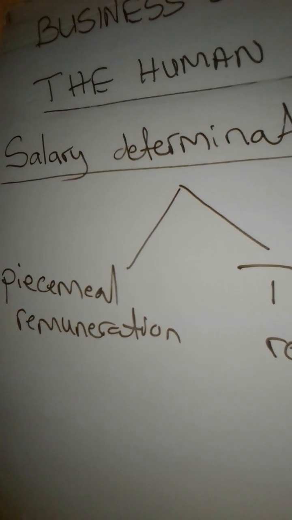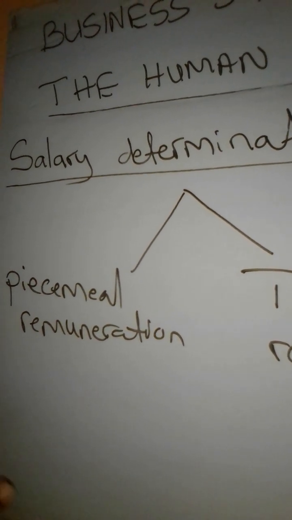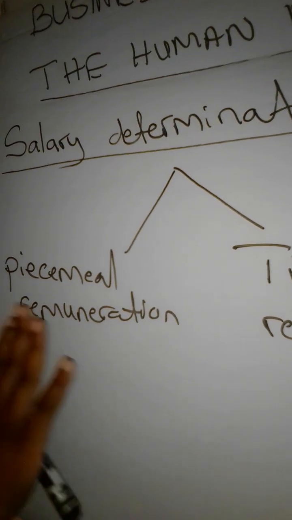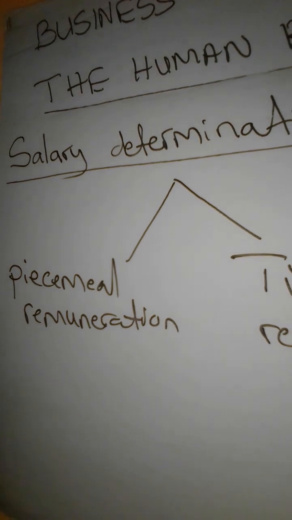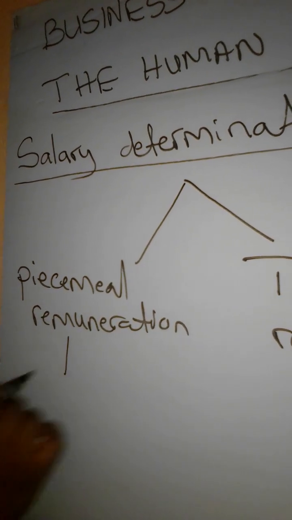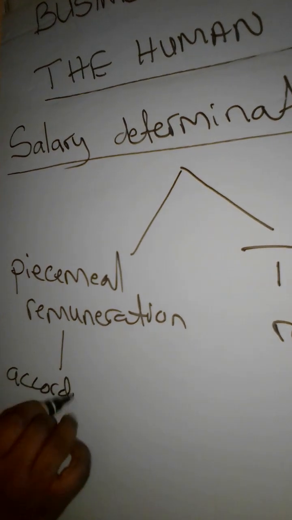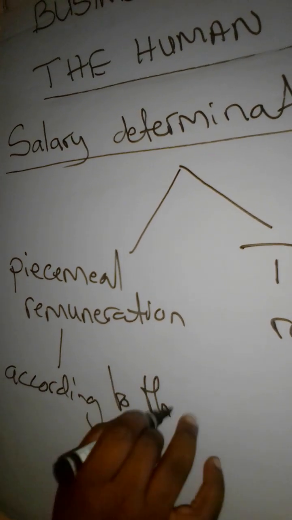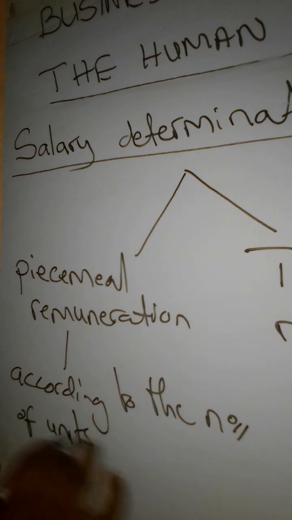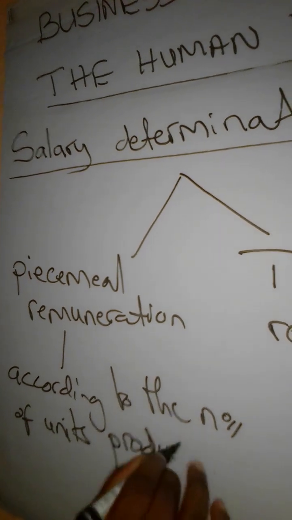They are interested in knowing how many items have been made today, and then they remunerate those employees according to that. That's the piecemeal remuneration. Okay, it's according to the number of units produced.